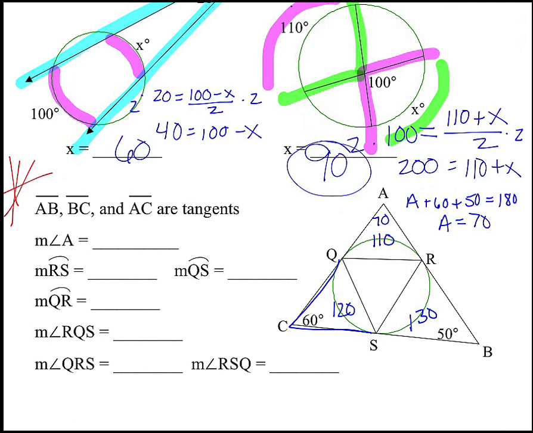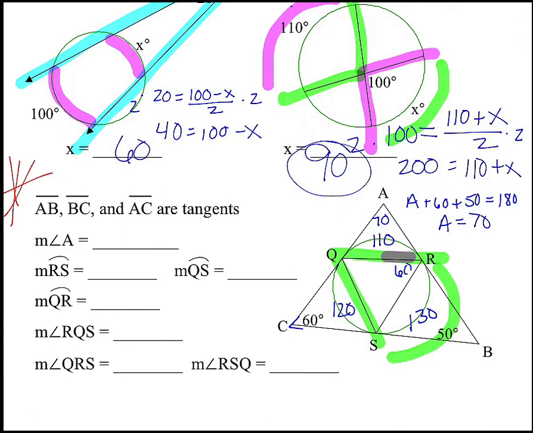Now that I have all those numbers on my circle, I can go about finding everything else inside the circle. Because let's trace these out. Angle R is intercepting that 120 degrees. So angle R has to be half of that, which is 60. And if I get rid of that traced out angle, and I trace a different angle, I'm looking at angle Q. Angle Q cuts off this 130-degree arc.